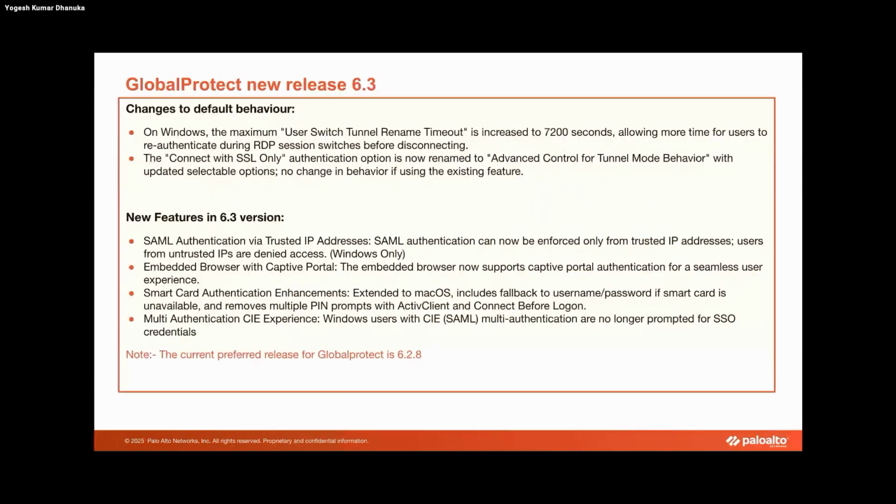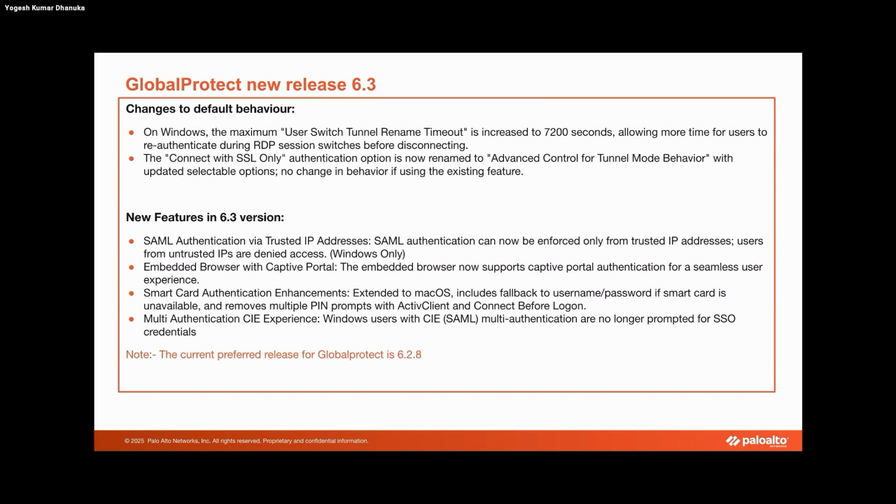As we were discussing GP 6.3, although it's a new release, there are some changed behaviors, and there are some new features. Your user switch tunnel rename timeout has been increased to 7200 seconds.